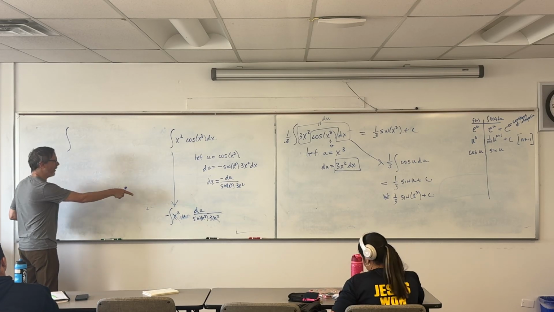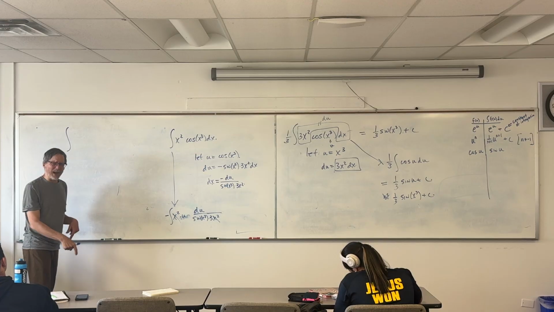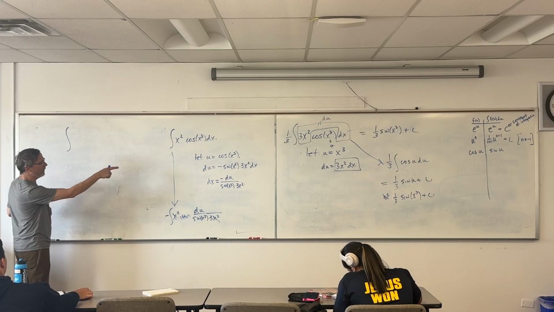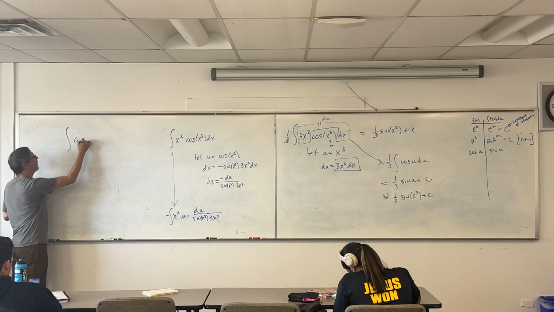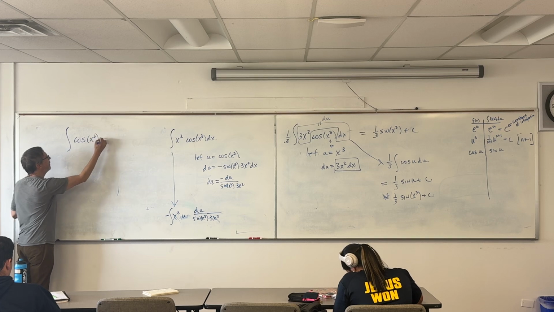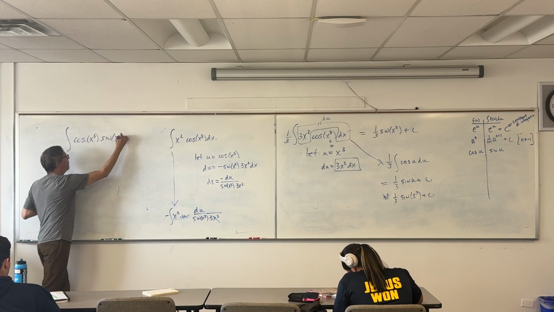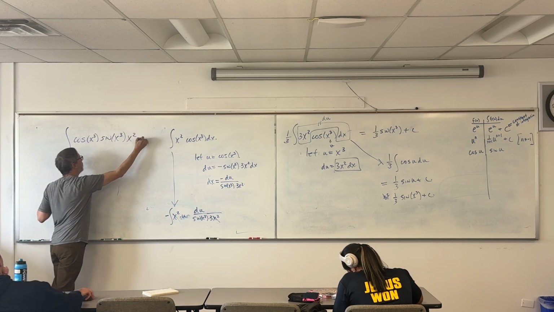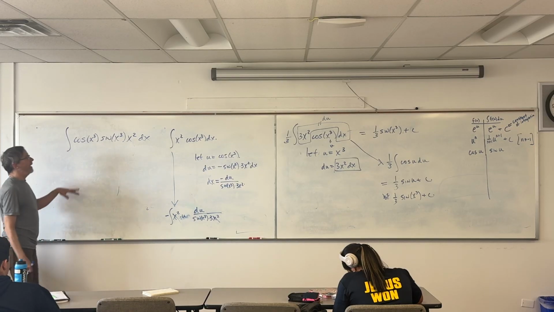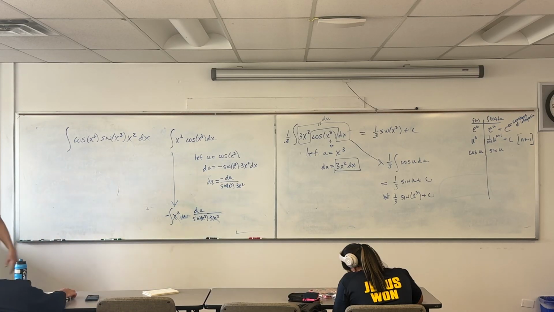Let me show you where this choice might be the right one. Let's say I've got cosine of x cubed sine of x cubed x squared dx. This looks horrible, and there are a lot of routes I can go.